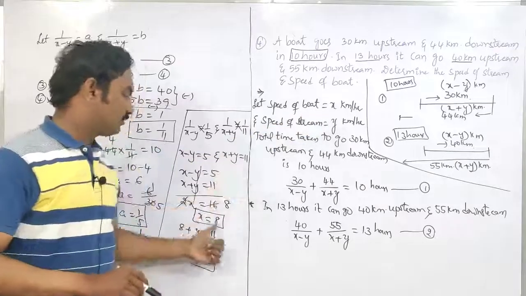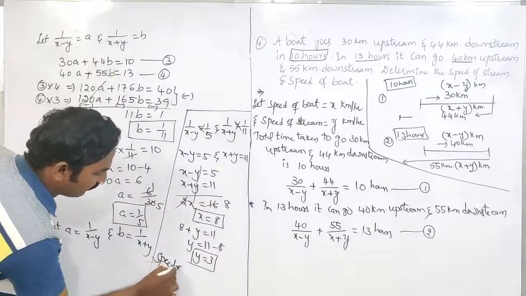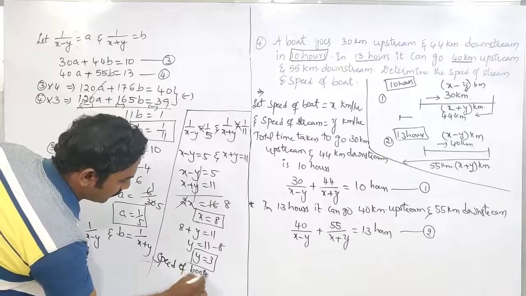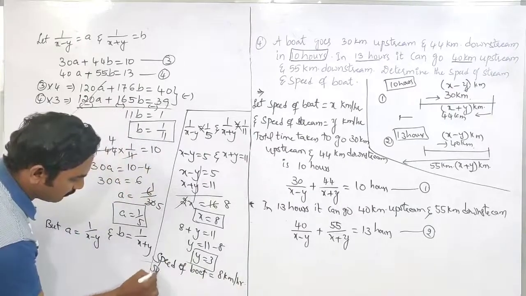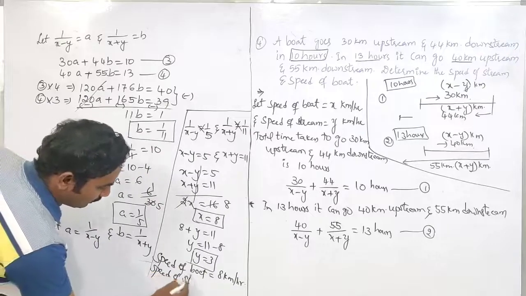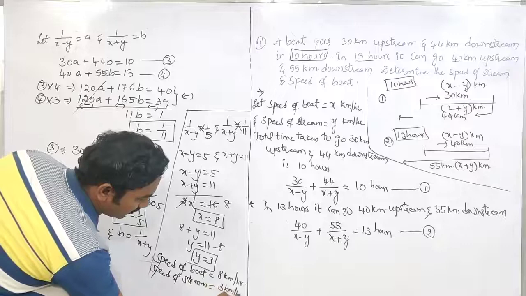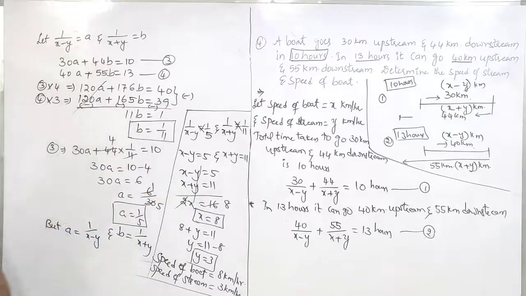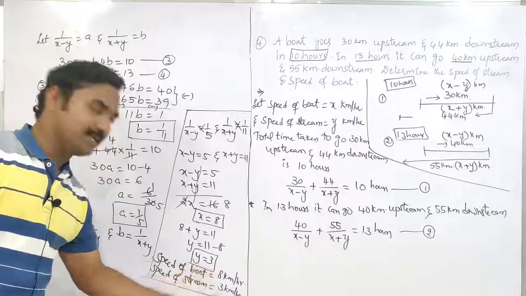X is equal to 8, which is the speed of boat. So speed of boat is equal to 8 km per hour, and speed of stream y is equal to 3 km per hour. This is the final answer. Speed of boat is 8 km per hour and speed of stream is 3 km per hour.